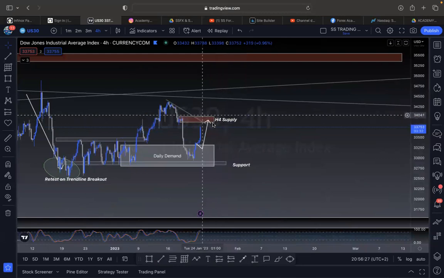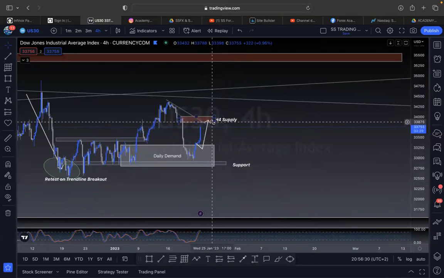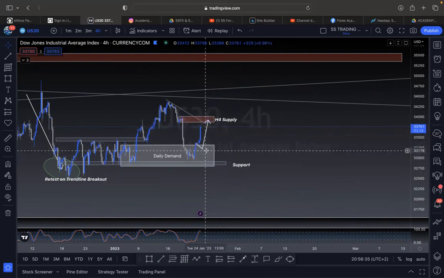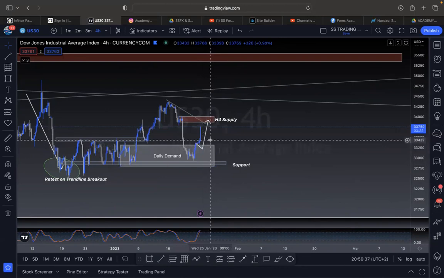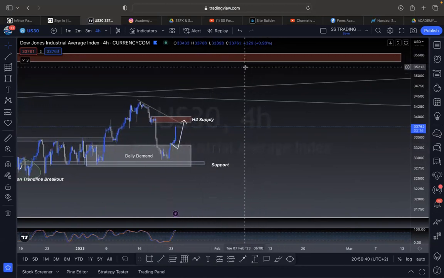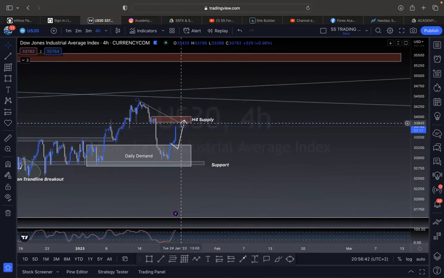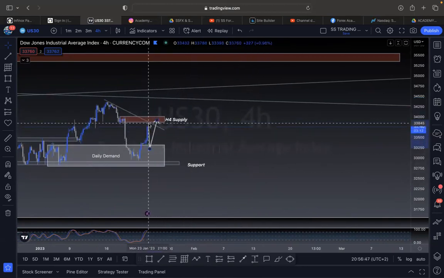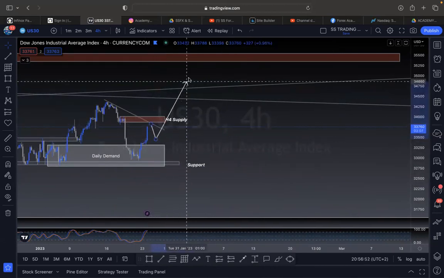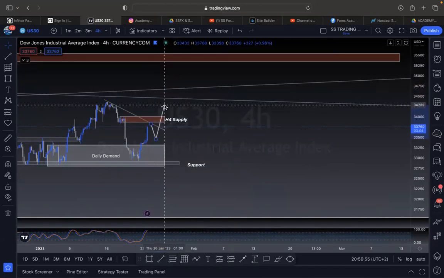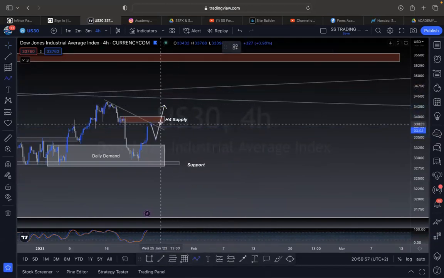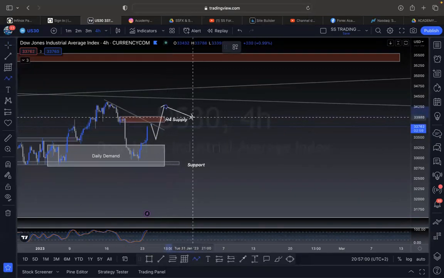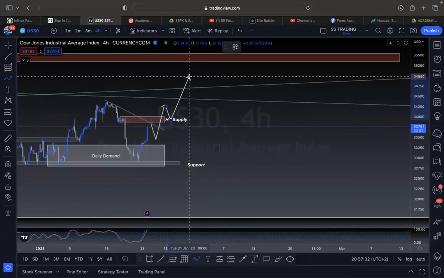We should get a bounce off the H4 supply at 33,875, but like I said, it will more than likely come to close up some imbalance, find demand, and then do a further push to break out of this trend line to the upside. So you want to see something like this basically now, just to update last night's analysis. That's what you want to see. That, and then flip the supply and another push up.